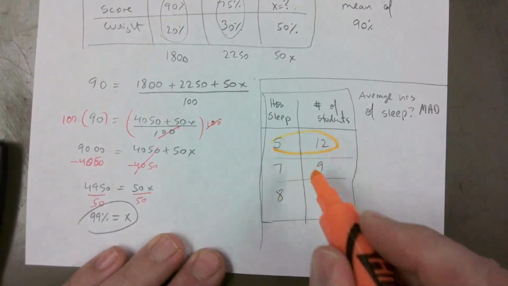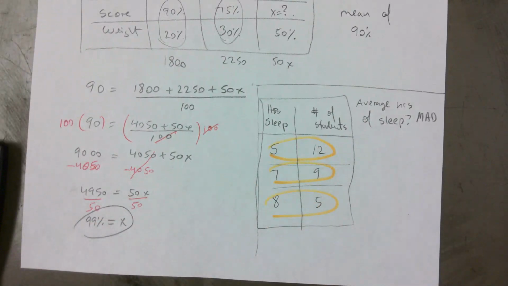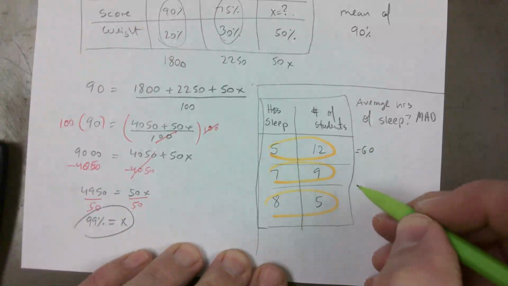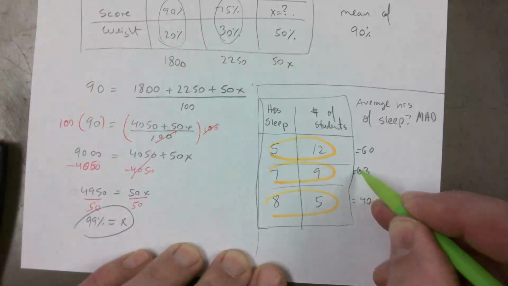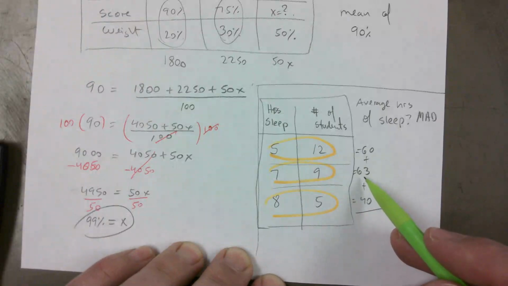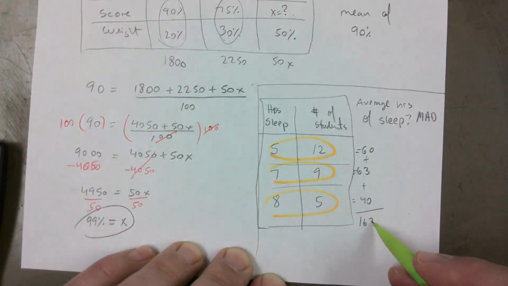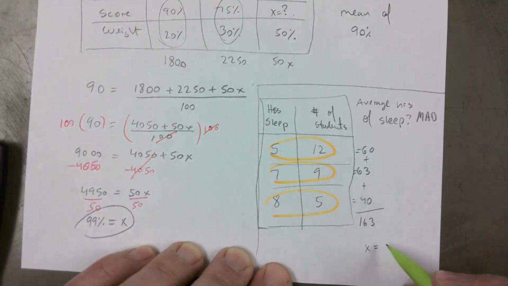You first multiply across between categories, not within. So this is 60, this is 63, and this is 40. You add these up, that's the A part, so that's 163. To find your average, you know it's going to be 163, but now it's the tricky part.